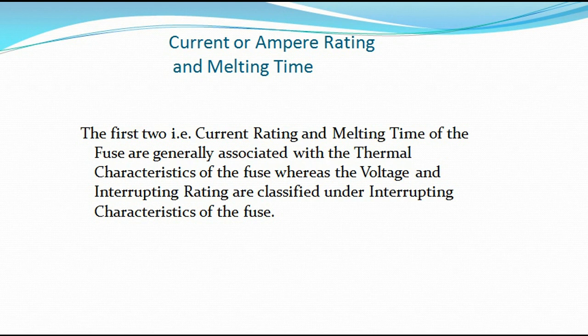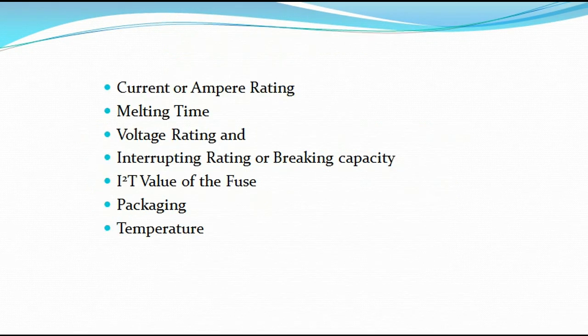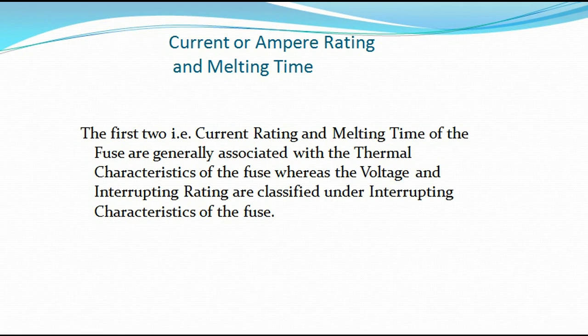The first two which I mentioned, that is current rating and melting point of the fuse, are generally associated with the thermal characteristics of the fuse, whereas voltage and interrupting rating are classified under interrupting characteristics of the fuse.